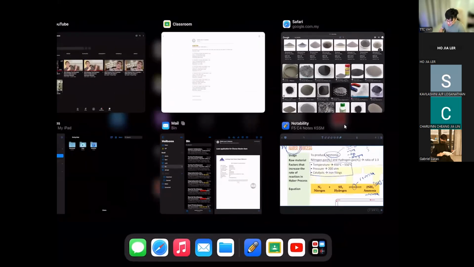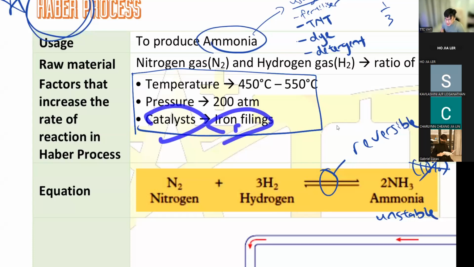Guys, here's the thing. You cannot just simply change the catalyst. Catalysts are very specific. If this reaction needs this catalyst, you need this catalyst. You cannot say, oh, I don't want iron, I change to copper. No, iron means iron.